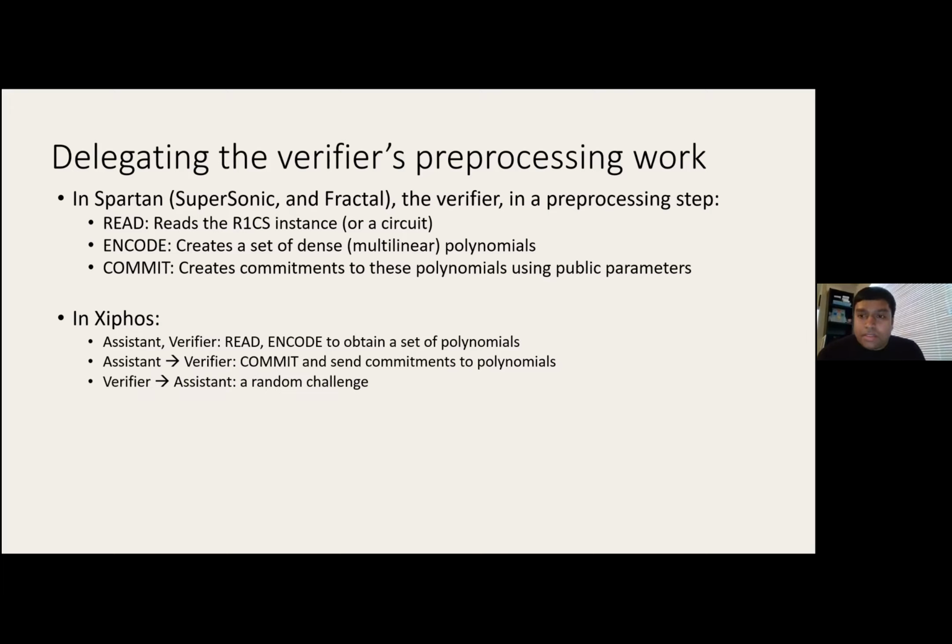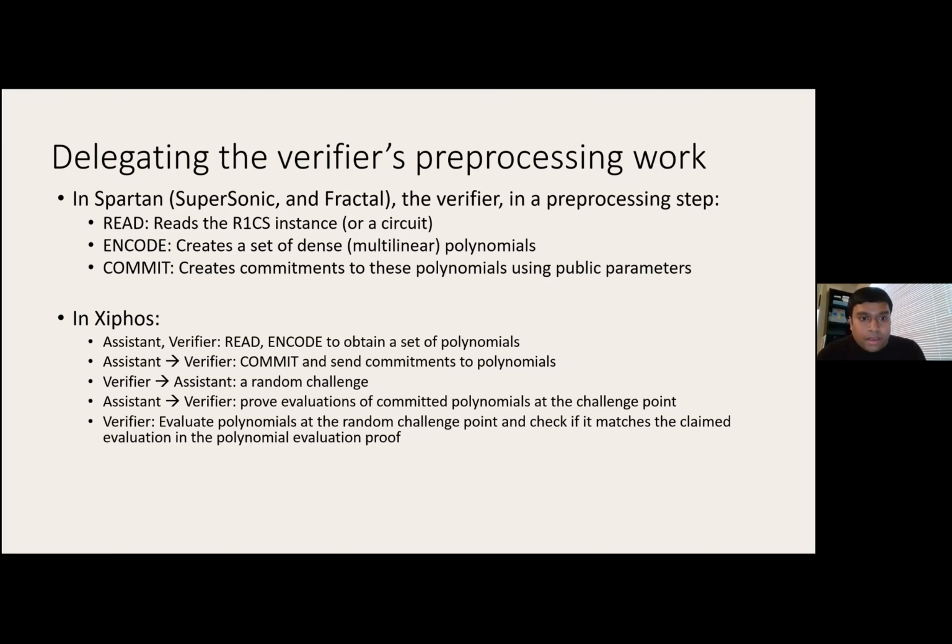The verifier then sends to the assistant a random challenge. The assistant then replies to the verifier with an evaluation of those committed polynomials at the challenge point chosen by the verifier. And then the verifier evaluates the original polynomials at the random challenge point and checks if the evaluation matches the prover's claimed evaluation, along with checking the evaluation proof provided by the prover, the assistant.